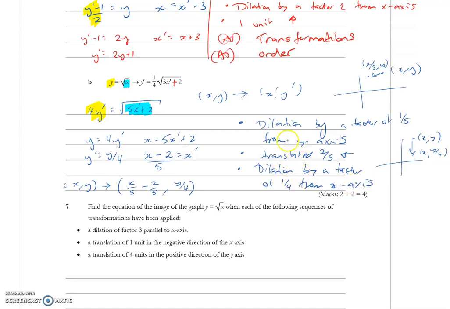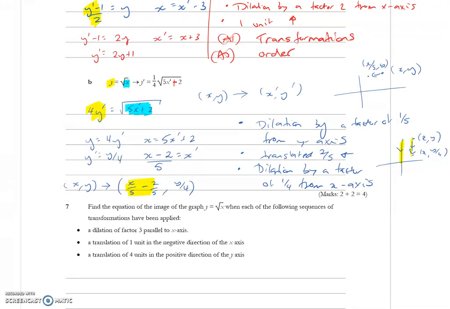Or equivalently, that one could be written as dilation by factor a quarter parallel to the y-axis, because it's going in the same direction as the y-axis. So that's if we wrote it like this. If we didn't write it like that, then there would be a different answer.